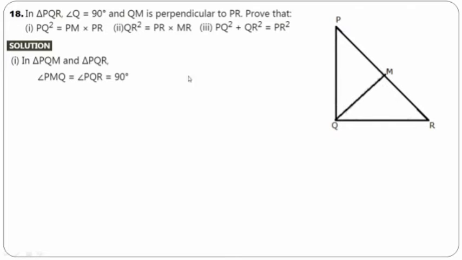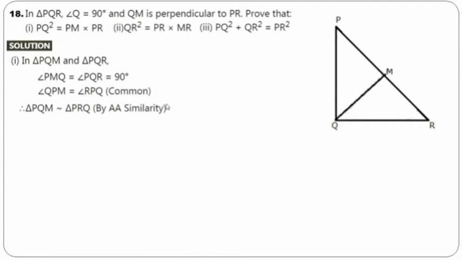PMQ is this angle, PQR is this entire angle, and they are equal to each other, 90 degrees. Now is there any angle common there? Definitely. This angle is common to both triangles. So QPM is equal to RPQ, because they are common.